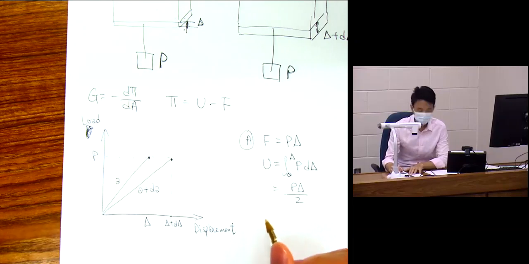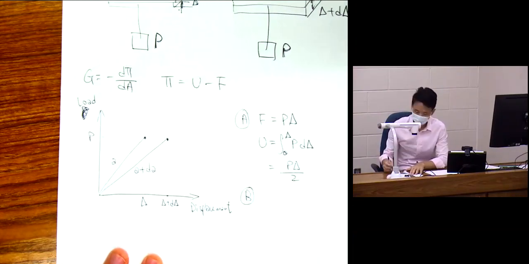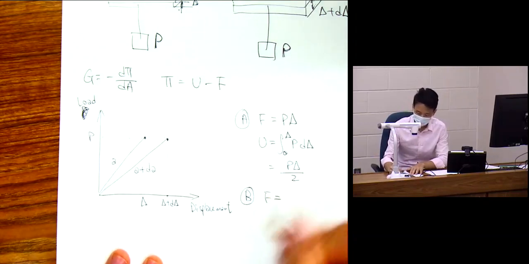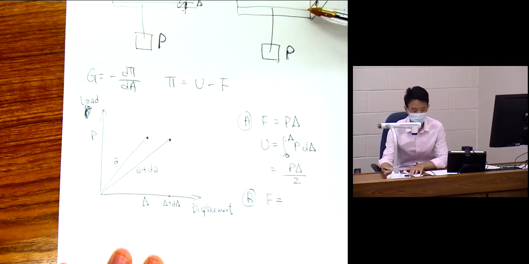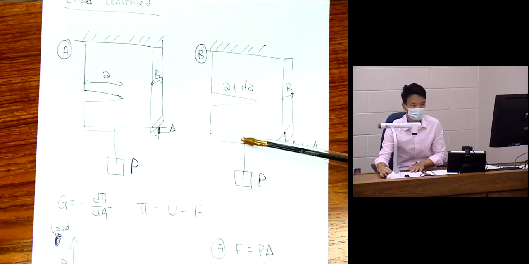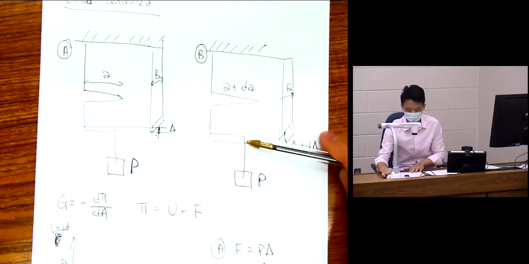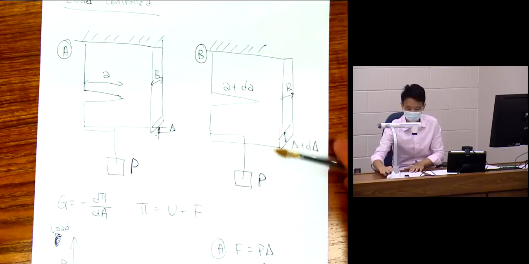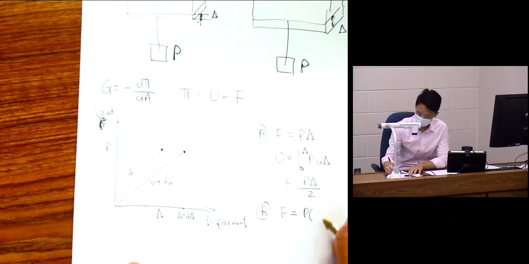So we do the same thing, okay? Now we do the same thing for configuration B. Now the work done is what? From the original configuration, I hang P onto it. So some work is being done because the force travels by some displacement, and that is exactly P times delta plus d delta.